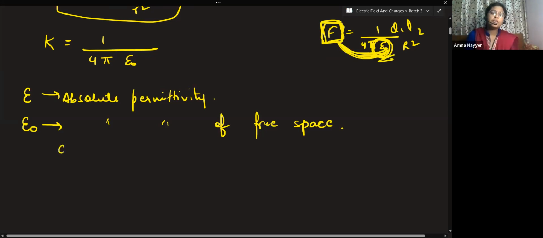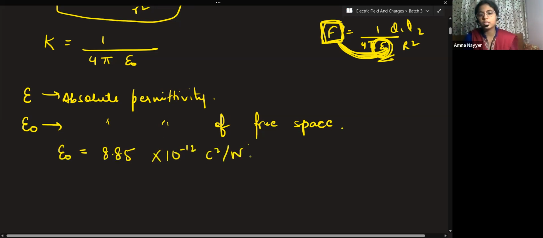The absolute permittivity of free space is 8.85 into 10 to the power minus 12 coulomb square per meter square. You have to remember this value. This is valid only for air or vacuum. If your medium changes, do not put this value.